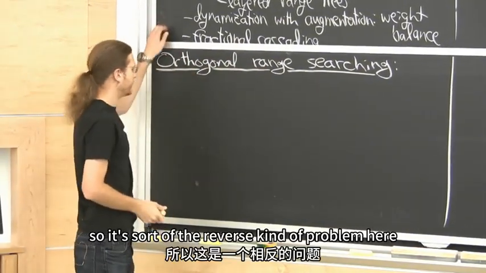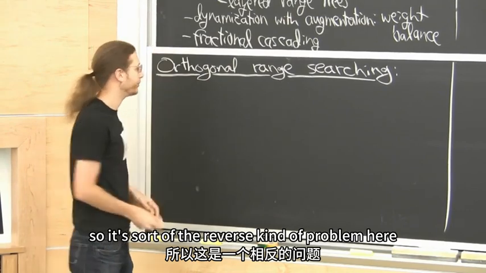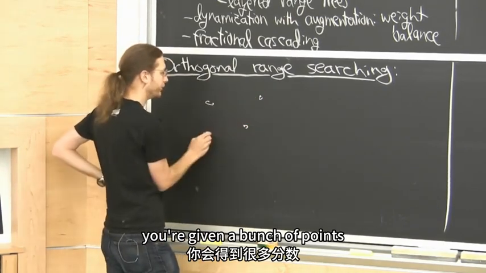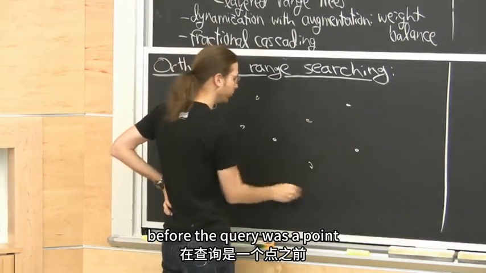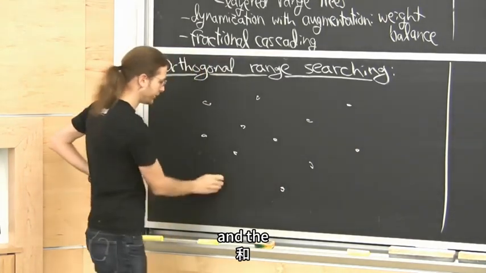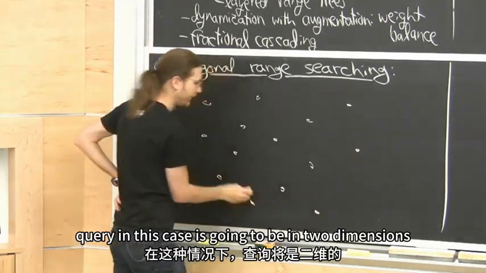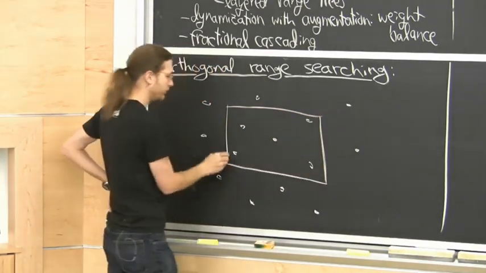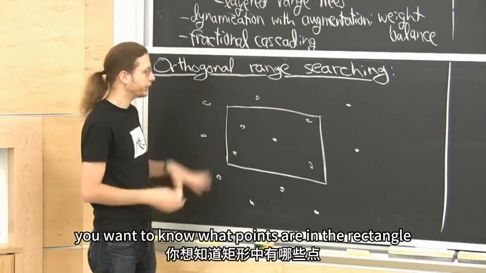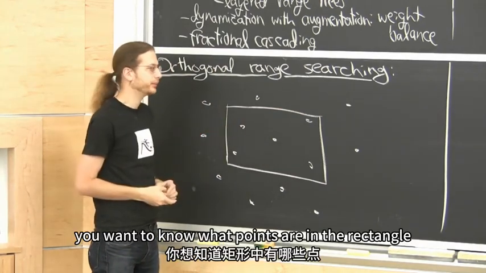It's sort of the reverse kind of problem. Here you're given a bunch of points. Before the query was a point. And the query in this case is going to be, in 2 dimensions, a rectangle, a window, if you will. And you want to know what points are in the rectangle.